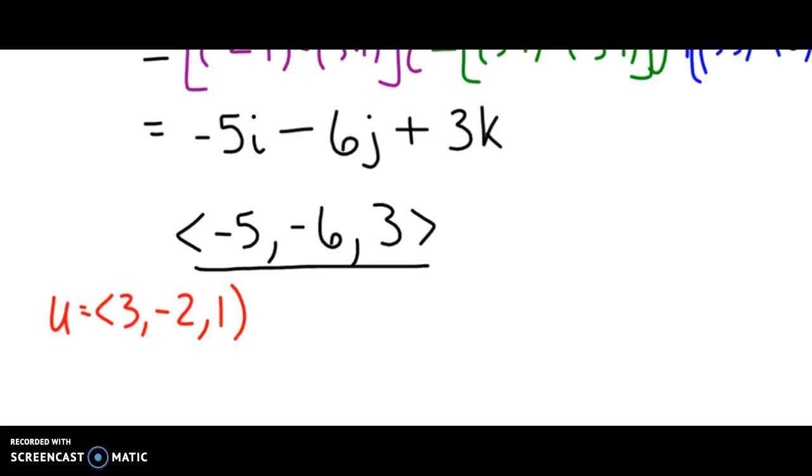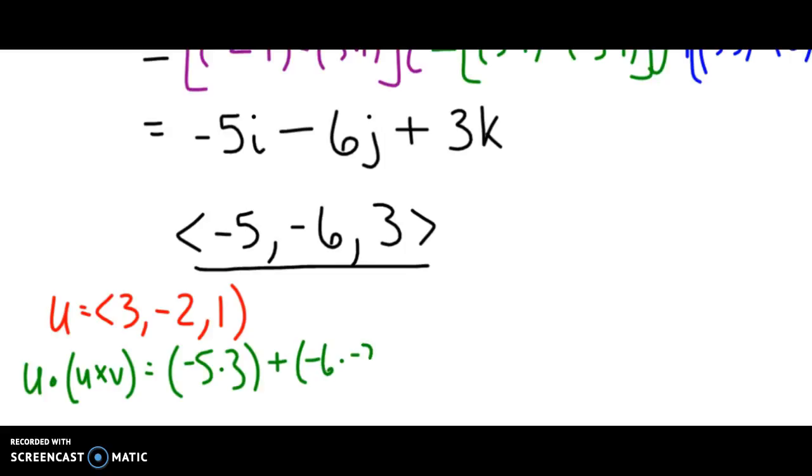So u dot u cross v is going to be negative 5 times 3 plus negative 6 times negative 2 plus 1 times 3. And so negative 5 times 3 is negative 15 plus positive 12 would be negative 3 plus 3 is 0. So are those orthogonal? Yes, they create a 90-degree angle.